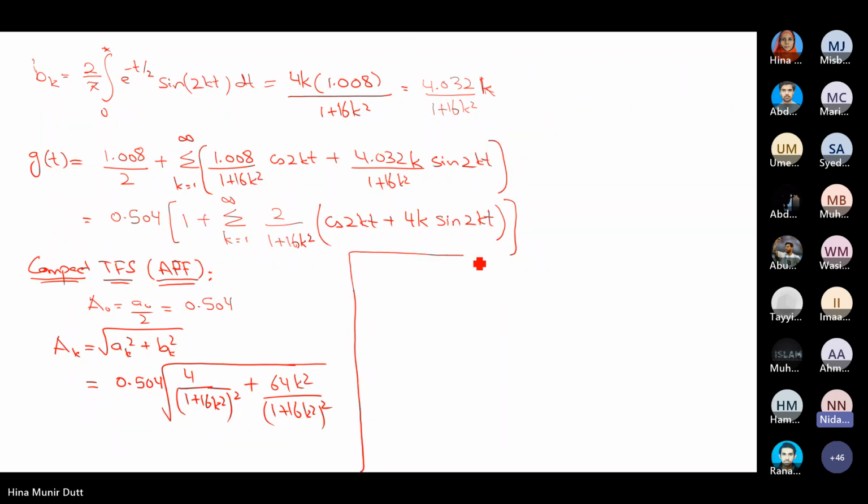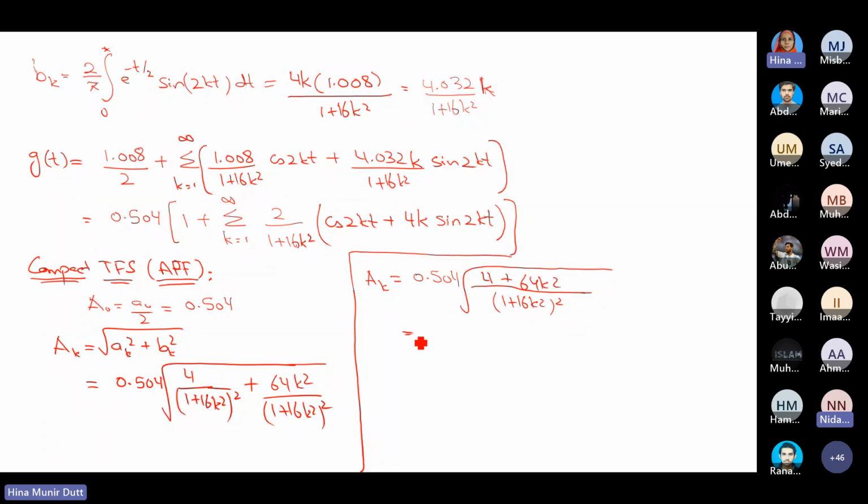So Ck is equal to 0.504, taking the LCM, which is 1 plus 16k square whole square, and here I have 4 plus 64k square.